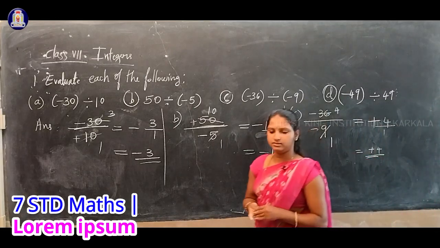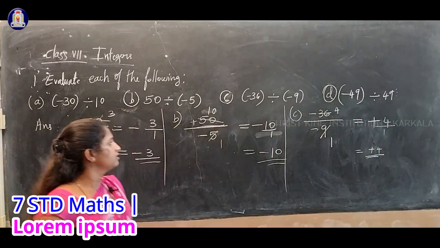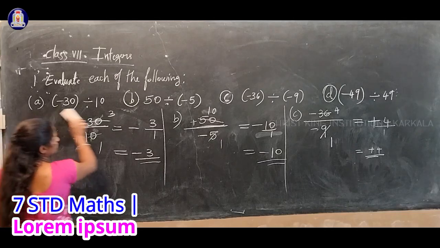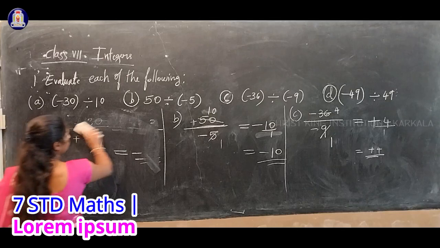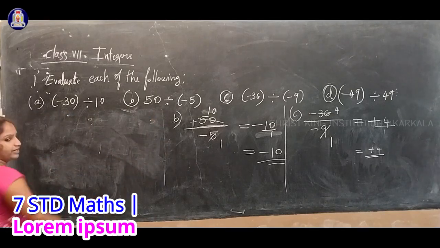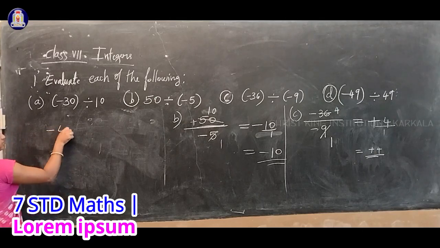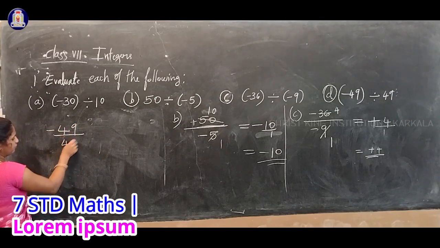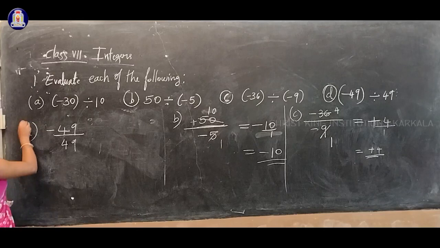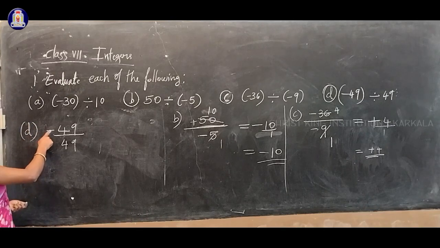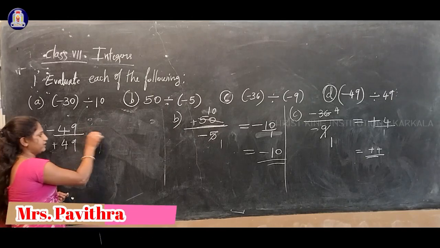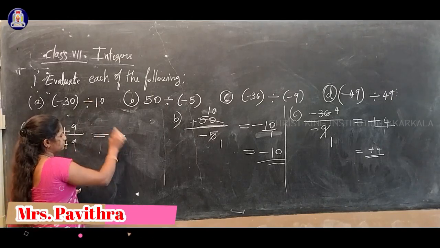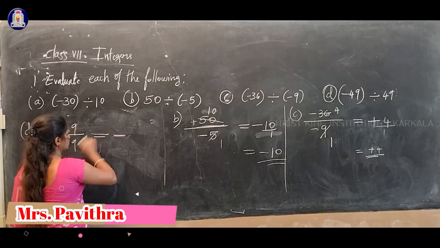Clear? Now one more question, that is D, minus 49 divided by plus 49. So divide 49 by 49. Here the sign is minus and there the sign is plus. You know minus plus are different signs, so the sign is minus.